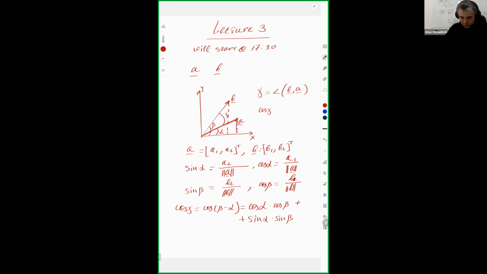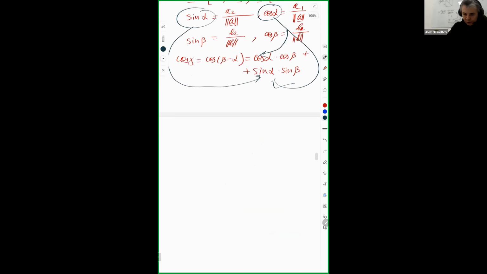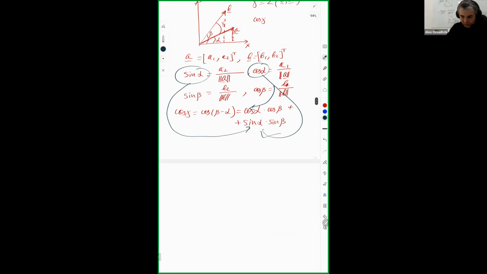So you can substitute these expressions in, and you can arrive at the following. Let's do it. Let's start from the cosines.